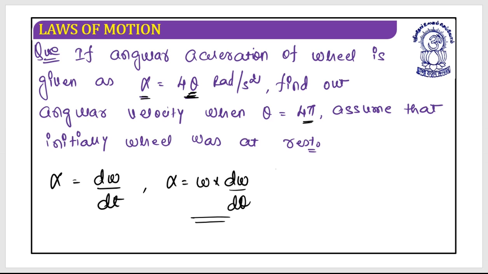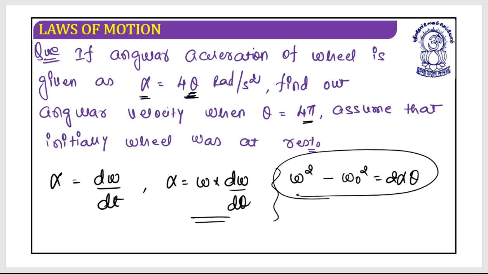That means if you think that I could use omega square minus omega naught square equals 2 alpha theta, then this is your mistake. You should not go with this, because alpha is variable.